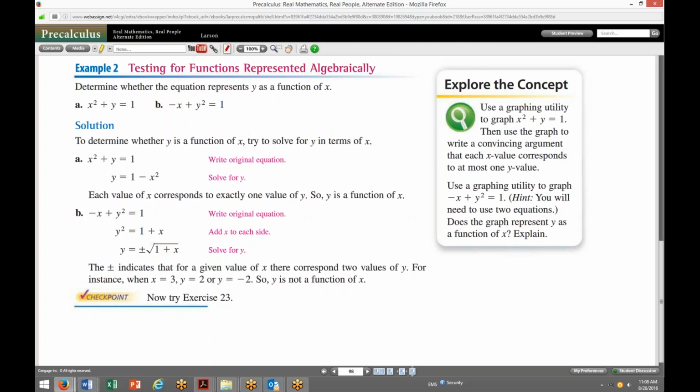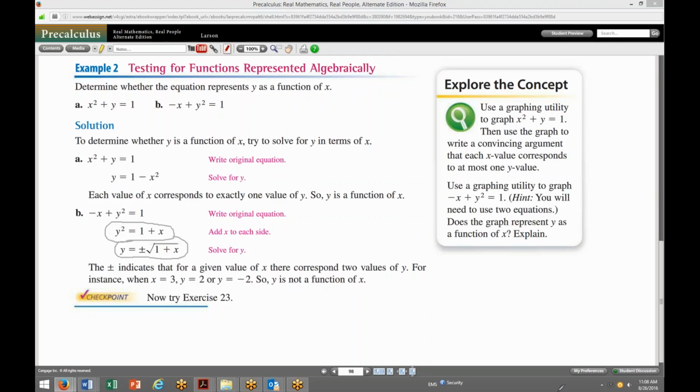When you solve for y with this negative x plus y squared equals 1 equation, you get y squared equals 1 plus x, and when you solve that for y by taking the square root of both sides of the equation, you see what you get. y is equal either to the positive square root of 1 plus x or the negative square root of 1 plus x, two different numbers.